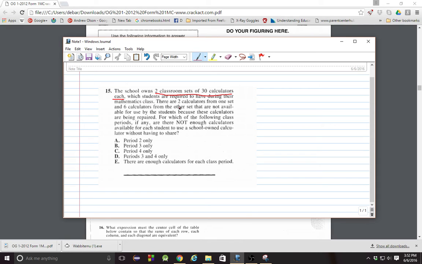There are 2 calculators from one set and 6 calculators from the other set that are not available for use by the students because these calculators are being repaired. For which of the following class periods, if any, are there not enough calculators available for each student to use a school-owned calculator without having to share?